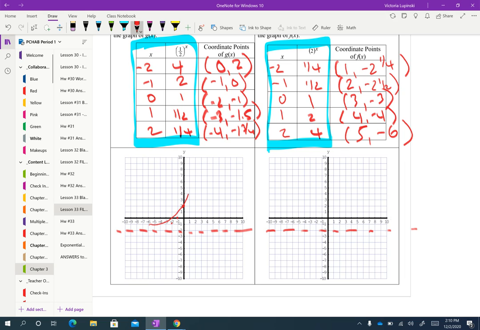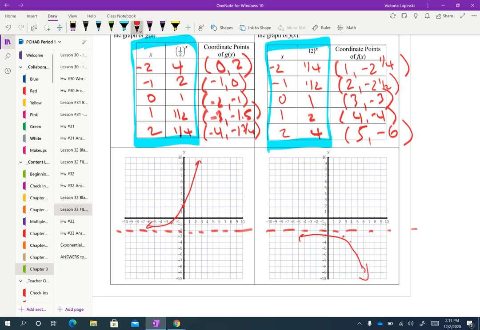And again, you're really just estimating. I guess it should be a little bit better than that. Okay. And then over on the right-hand graph, you would have 5, -6, 4, -4, 3, -3, and then obviously getting closer to that horizontal asymptote.